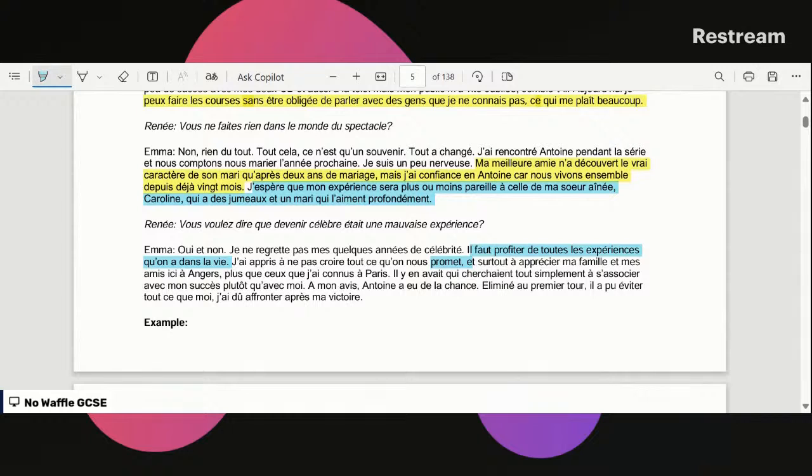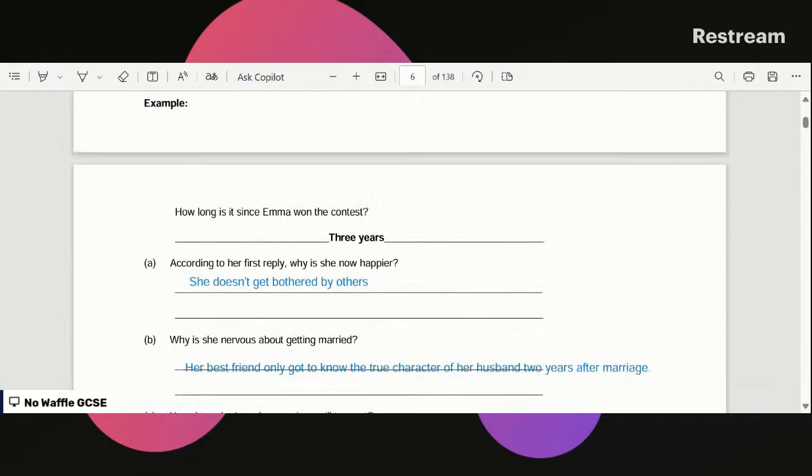So, what she's saying here is I've learnt to not trust people and to keep promises. So she's talking about she couldn't trust people to keep promises. So that's one thing that you can say.